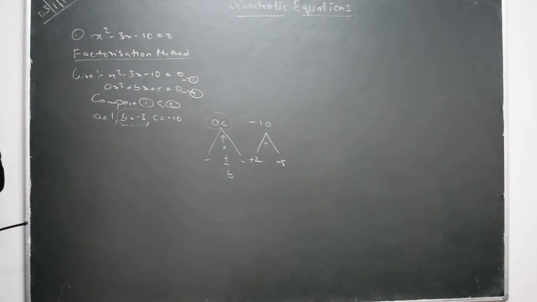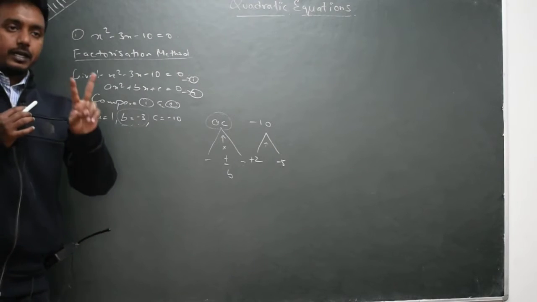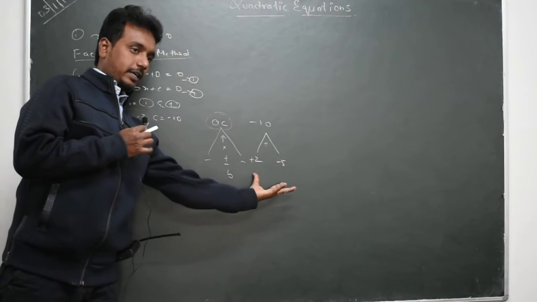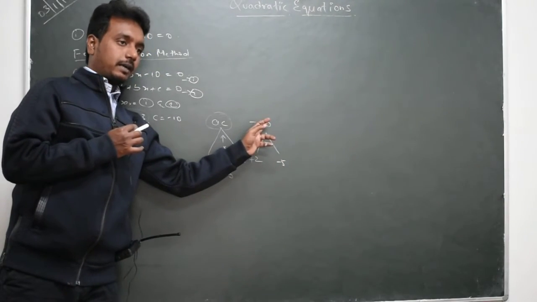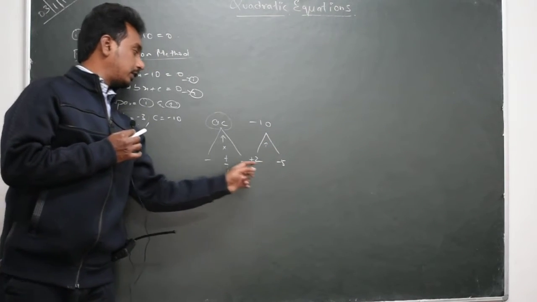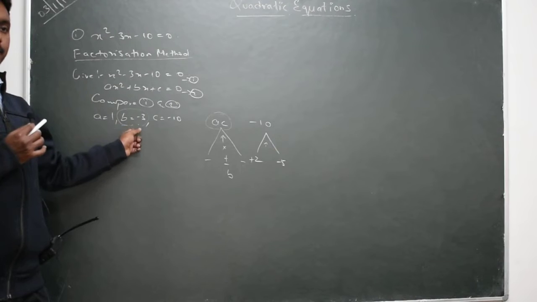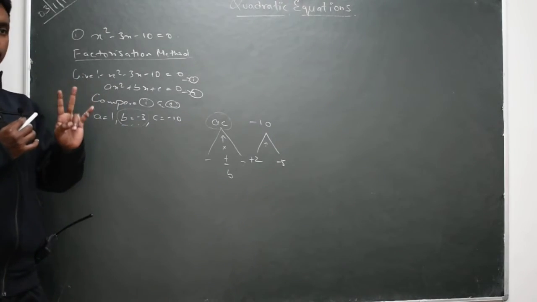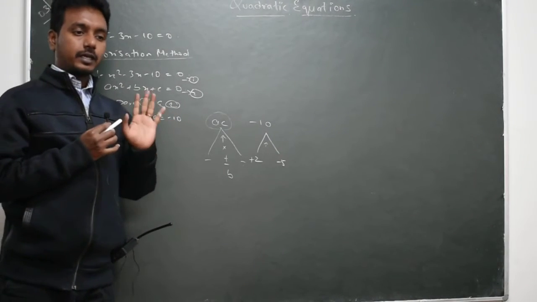So it is satisfying all the conditions. There are only two conditions: the product of the factors must be equal to the number, and their addition or subtraction must be equal to B. It is satisfying both conditions.